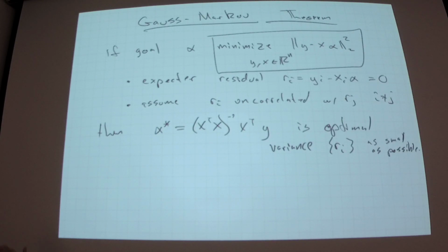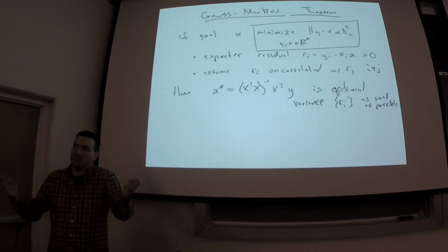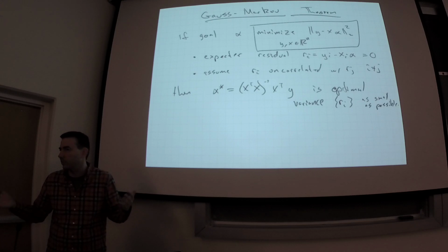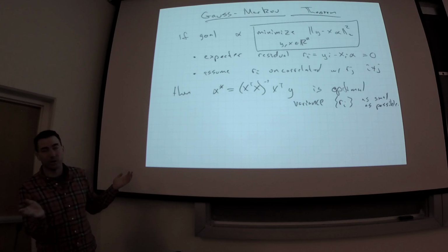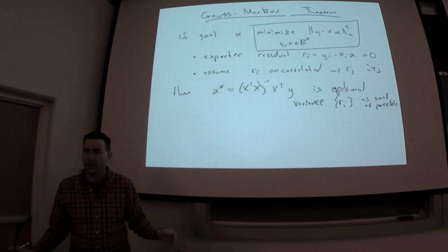So it basically says if my goal is to minimize the variance, the amount of error by the sum of squared errors, this is as good as I can possibly do, if I make these assumptions that the expected residual is 0, which seems reasonable, and there's no correlation between any of the errors.